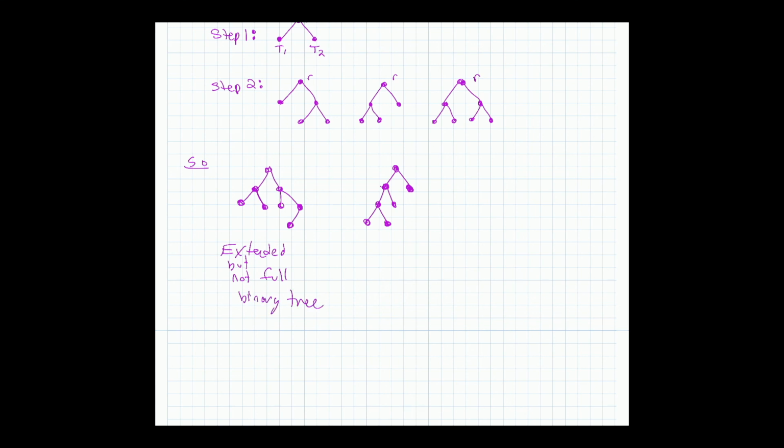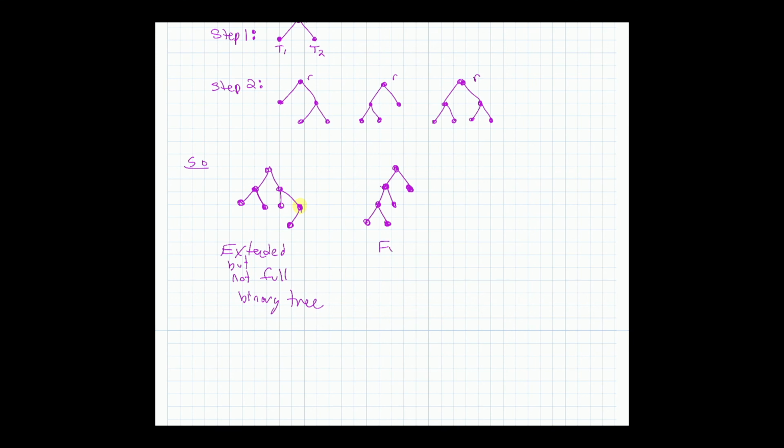And why is it not a full binary tree? It's because right here, that doesn't branch down into 2. You couldn't make it with the previous definition, because the previous definition would have required there to be a right subtree, and there was no right subtree there. So that's extended but not full.